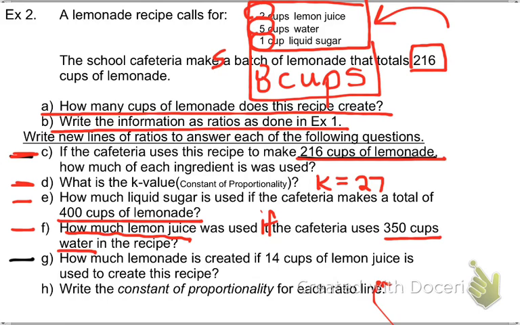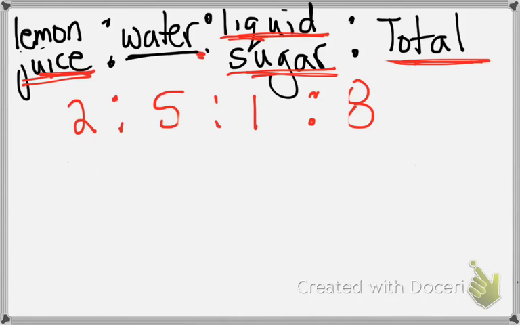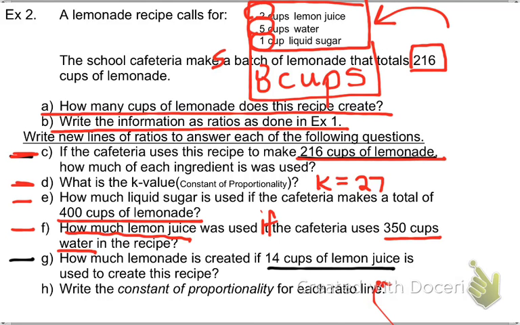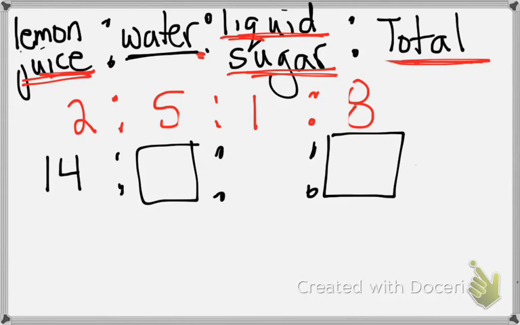Now G, how much lemonade is created if 14 cups of lemon juice is used? So I'm going to pause it and erase that last question. So 14 cups of lemon juice were used. How much lemonade is created? So they want us to find the total. And they're not really asking about these ones, so you don't have to find them.